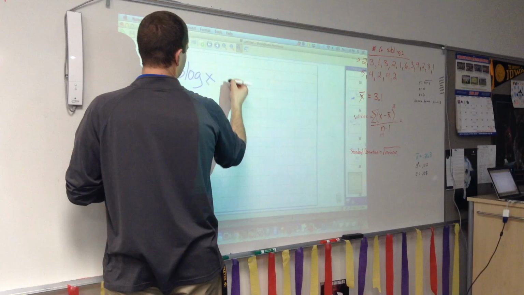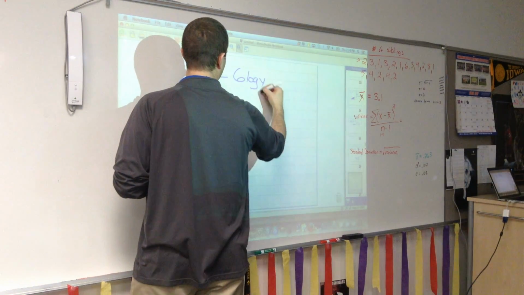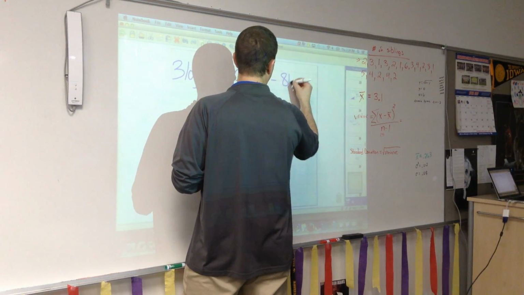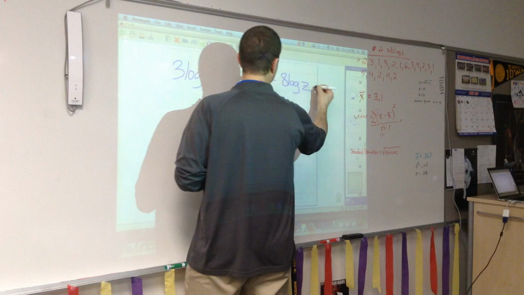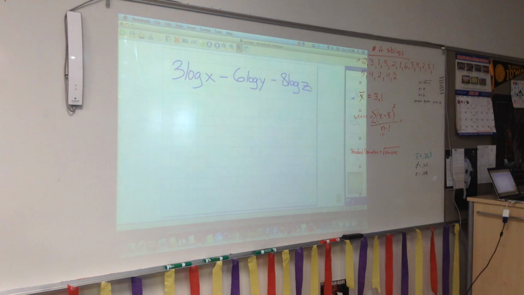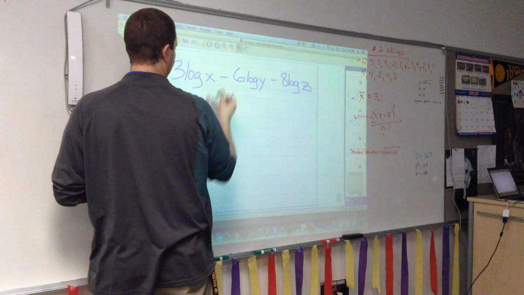3 log x minus 6 log y minus 8 log z. I'll do kind of a challenging one here. Let's condense that down into a single logarithm. Before you do any condensing, I would probably move those numbers out in the front. Where would you move them? Above the variables, to the power, right?